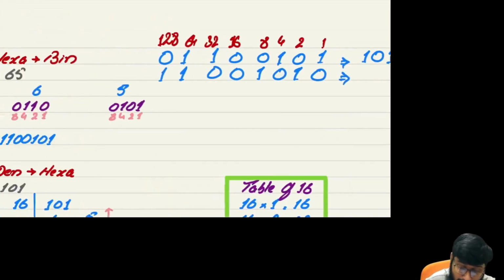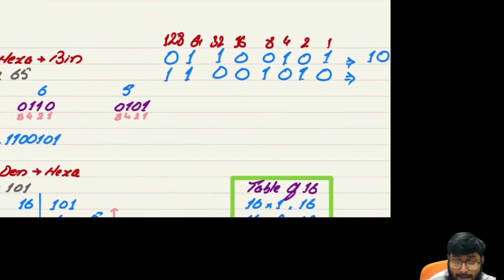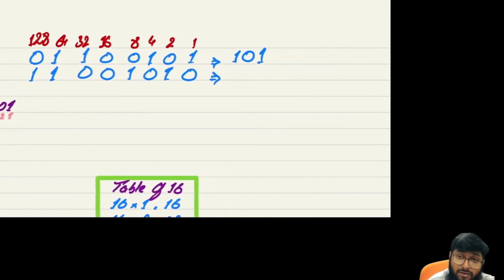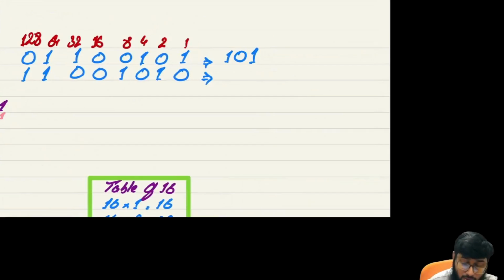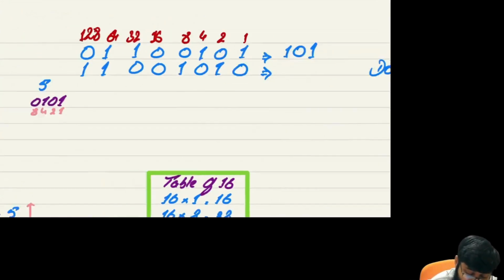Now if I add a 0 at the end, the number will be doubled. Do remember that if I shift one place to the left, the number is going to be doubled. Now let me check how it is doubled.